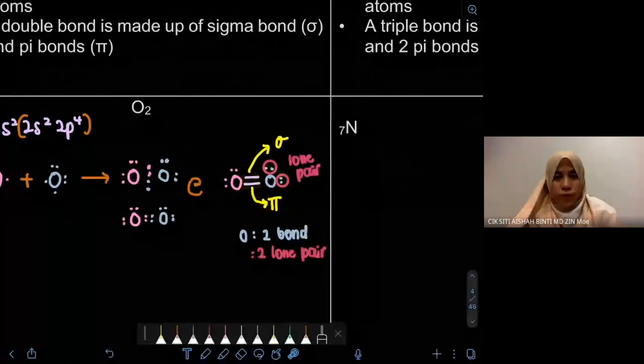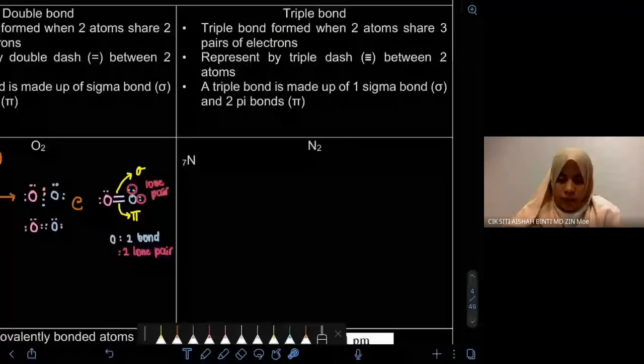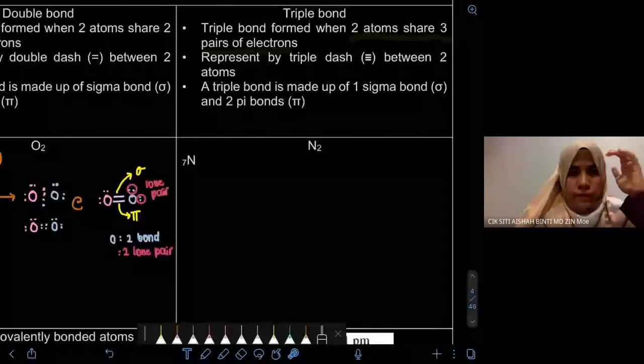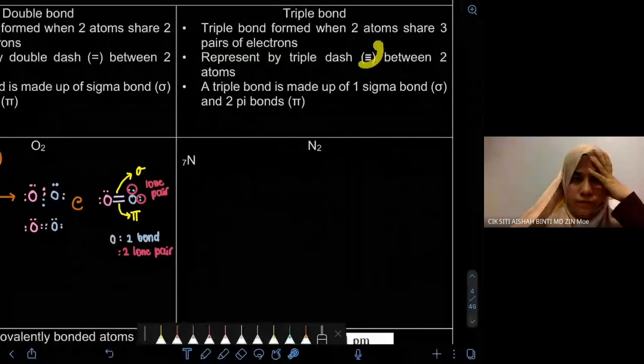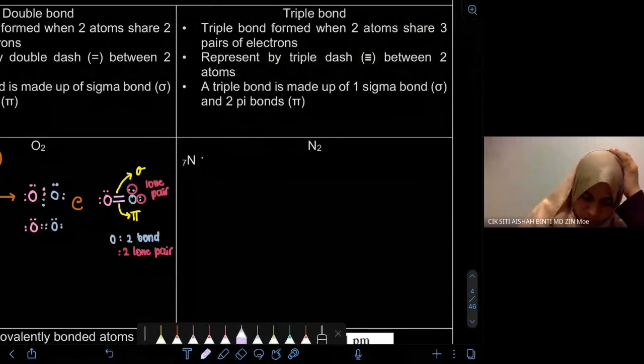The last drawing that we're going to look at is actually our nitrogen. Nitrogen is an example of a triple bond. So a triple bond is formed when 2 atoms share 3 pairs of electrons. Okay, so how are we going to do it? And we represent it by a triple dash. Okay. So let's do it. So it becomes 1s2, 2s2, 2p3.